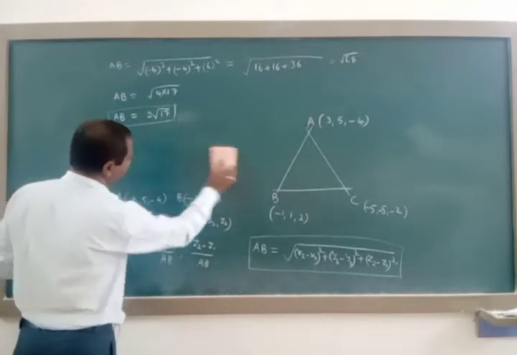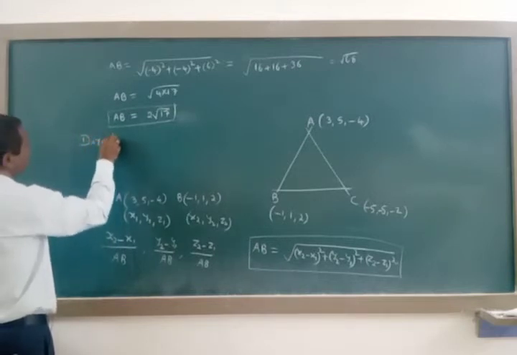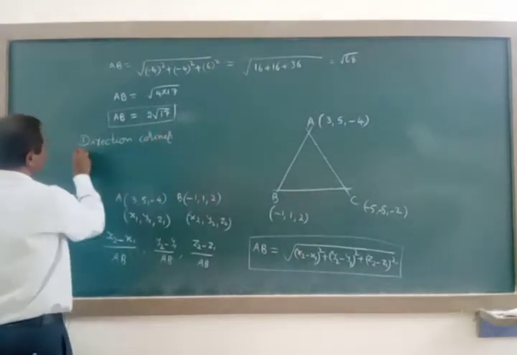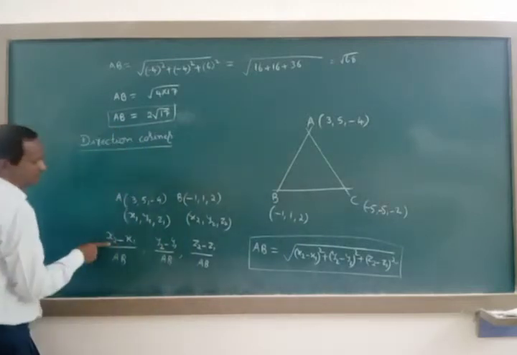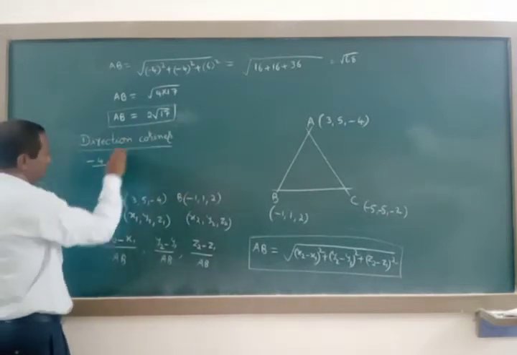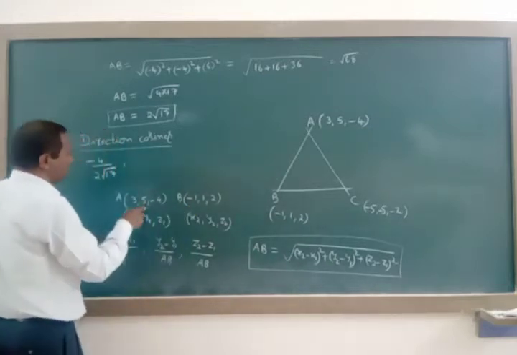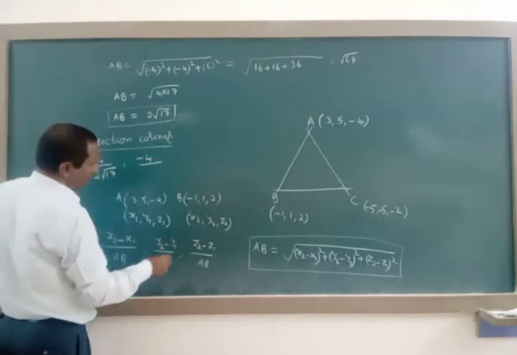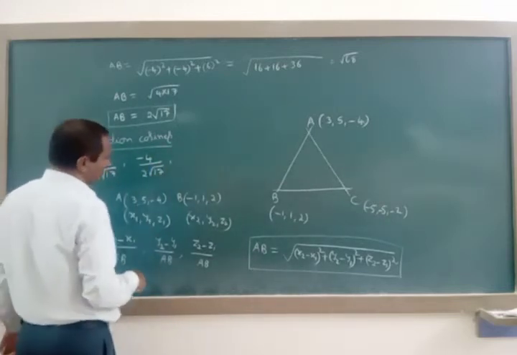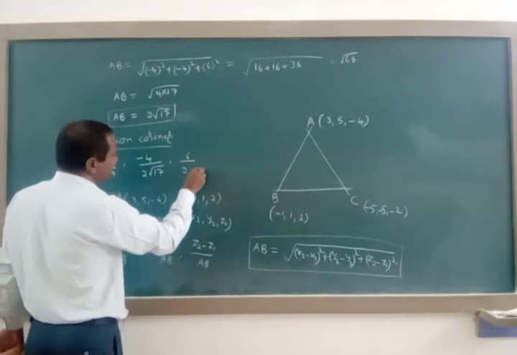Then the direction cosines: x2 minus x1, same formula, that is minus 1 minus 3, minus 4, divided by AB, which is 2 root 17, comma y2 minus y1, that is 1 minus 5, minus 4, divided by the distance 2 root 17, comma z2 minus z1, that is 2 minus of minus 4, 6, by 2 root 17.